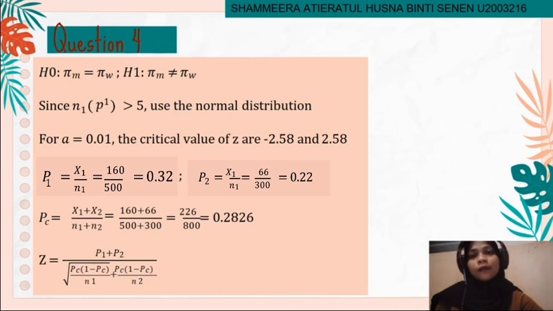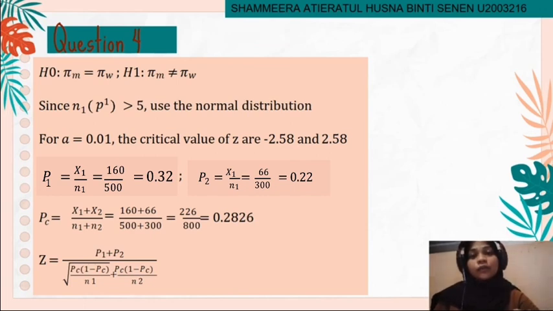For the sample proportion P1, we divide 160 by 500 and get 0.32, and for P2 we divide 66 by 300 and get 0.22. After that, we have to find the pooled proportion using the formula given.